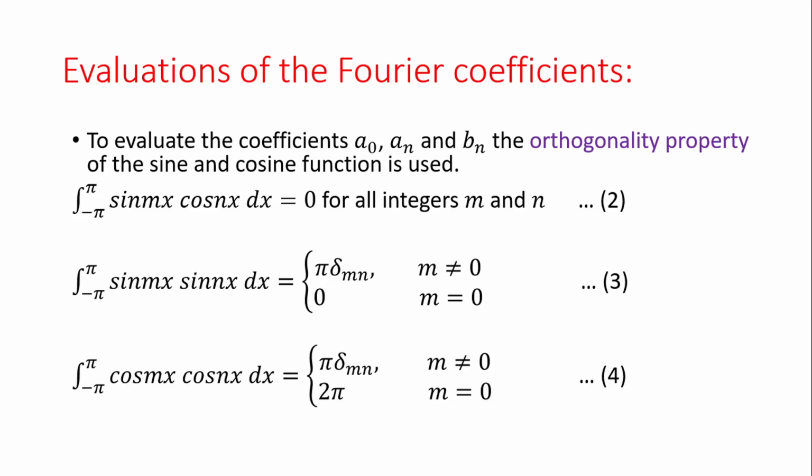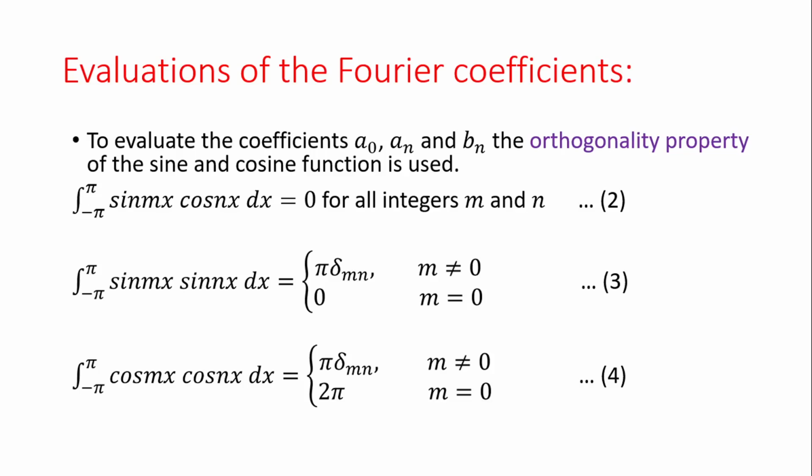Second orthogonality property, integration minus pi to plus pi sin mx sin nx dx. So both functions are sine. It can take two values. It is 0 when m is equal to 0, and pi into delta when m is not equal to 0.